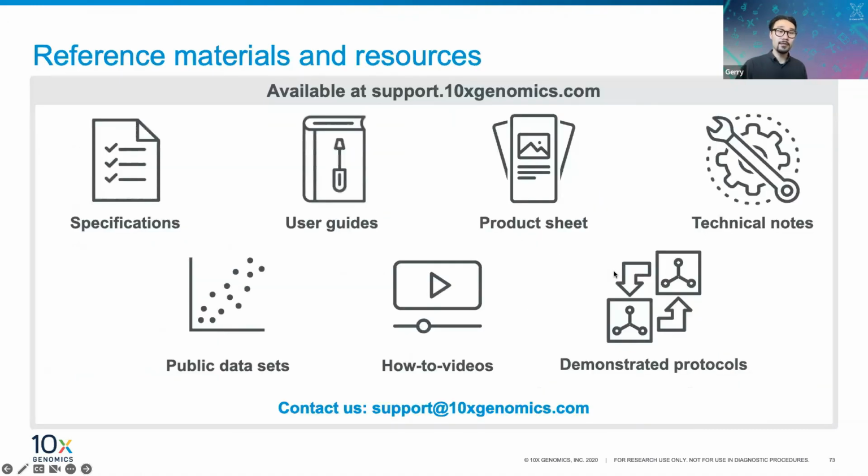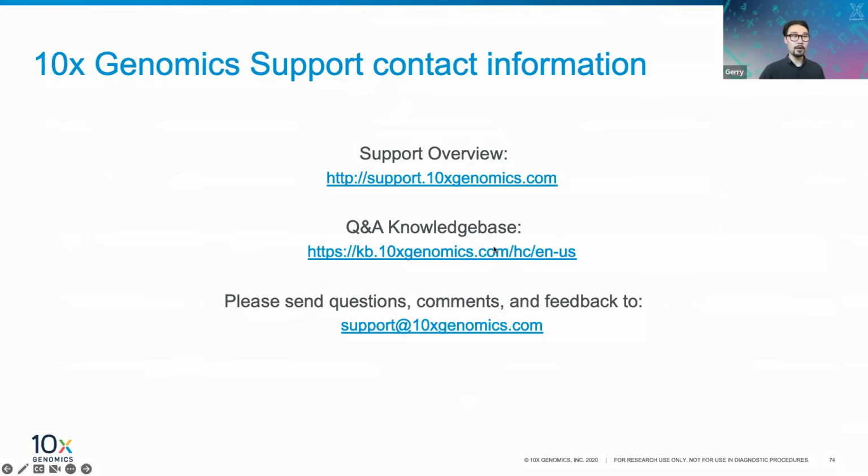So that's it for the site prep. There are a lot of support materials available on our website. You can also email support@10xGenomics, and also email me. There is the support site where you can find lots of user guides and protocols for different sample types.